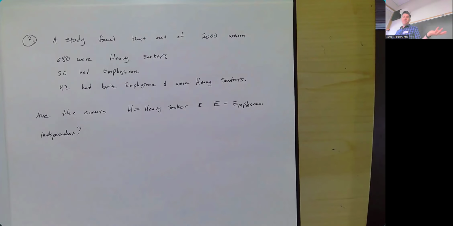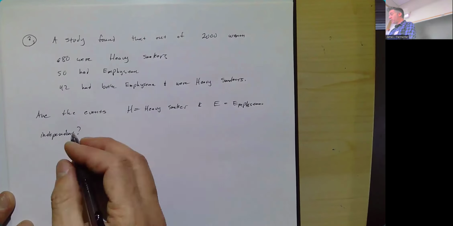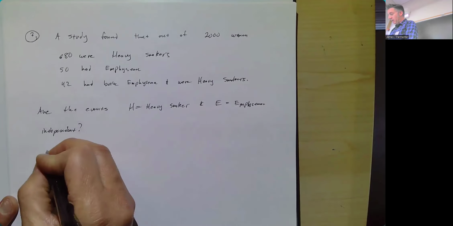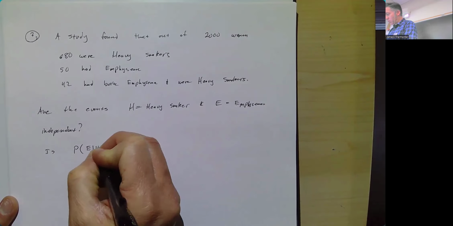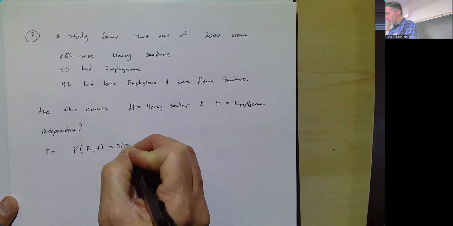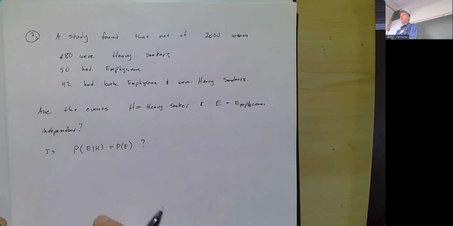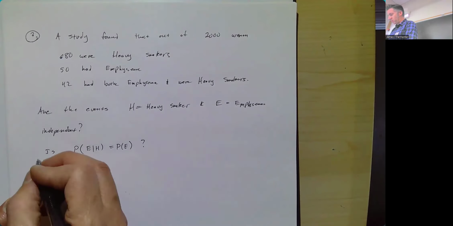So how do we test this? Well, the way you can test for independence is you can test, is the probability of E given H equal to the probability of E? The problem is we don't know any conditional probabilities here. All they've really told us is the following. So maybe that's not going to work.